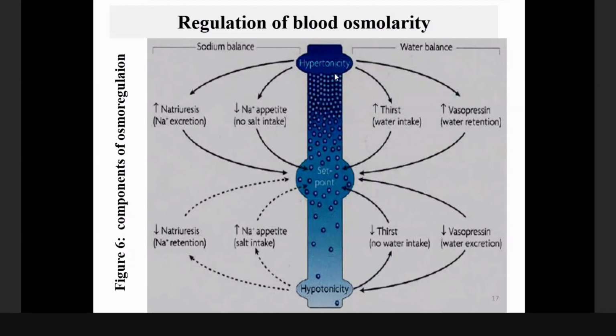Hypertonicity is when sodium is high in your blood. Hypotonicity is when sodium is less in the blood. So when sodium gets less in the blood because of so many factors, the opposite response should be made in your body if you are healthy, or have homeostasis.